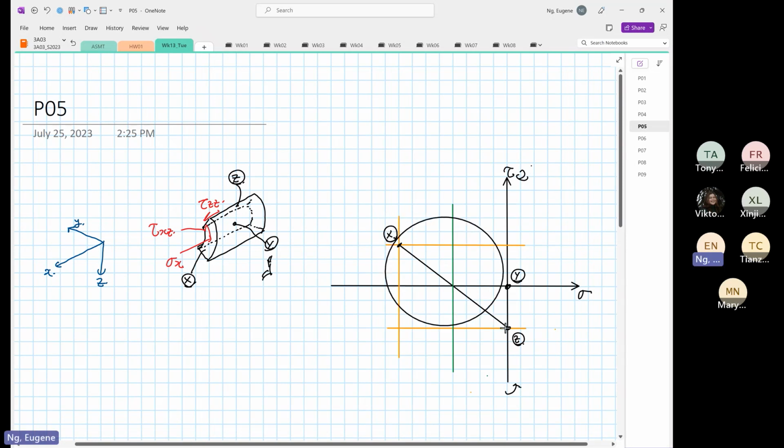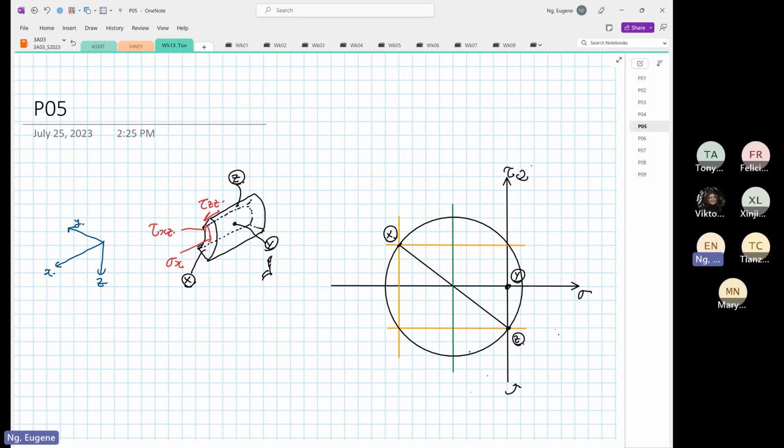So this is one of our circles. This circle belongs to our XZ plane, which is our in plane.